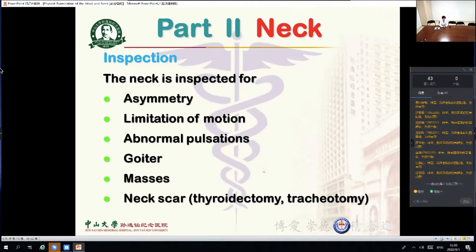Other things are scars from past surgery, which give you the history of past disease. The neck scar, like the scar from thyroidectomy or tracheostomy, gives you clues to certain diagnoses or situations.